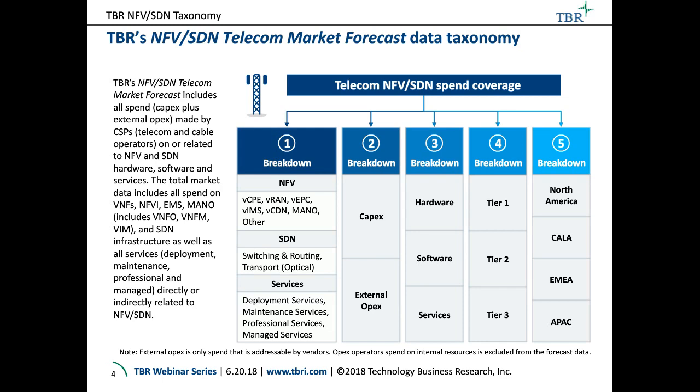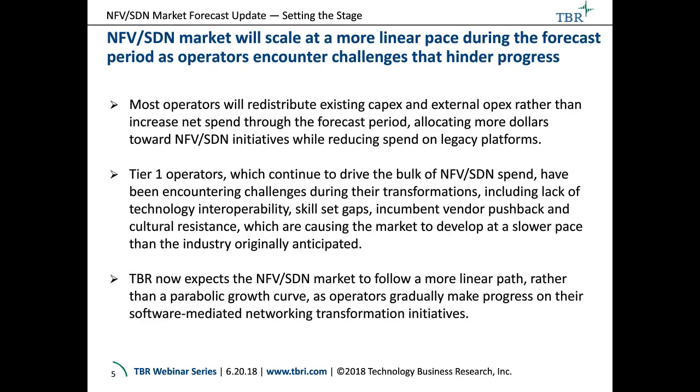So let's set the stage here. Between last year's market forecast and the update, a lot has changed in the market. A lot has also not changed in the market. But there are a few things worth noting here and some assumption adjustments that we had to make in terms of how this market is going to develop over the next 5 years, which is how far our forecast goes out.